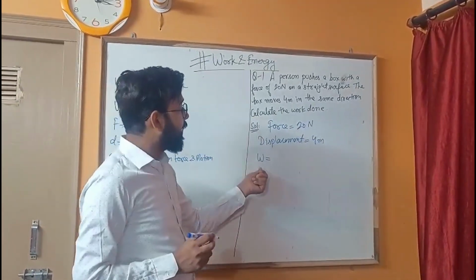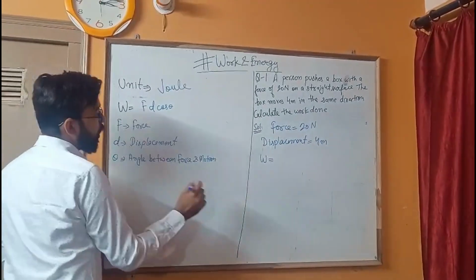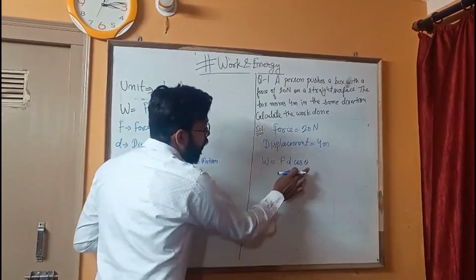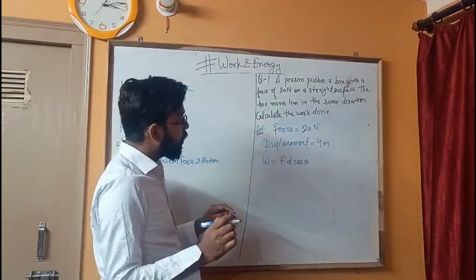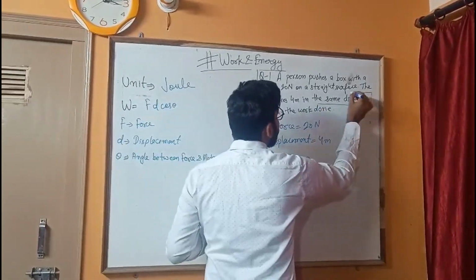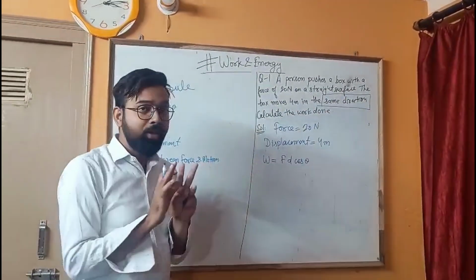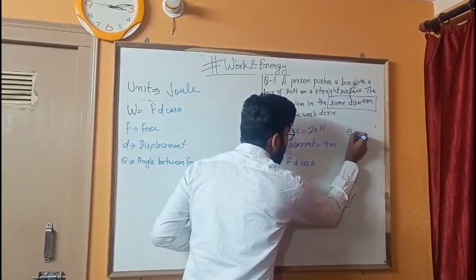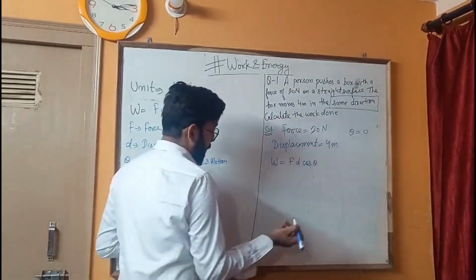So we can find work done by using this formula, F D cos theta. Okay, what is the angle? They have told us that the direction is the same. When the direction of the force and the motion is the same, this theta will be 0 degree. There is no angle.